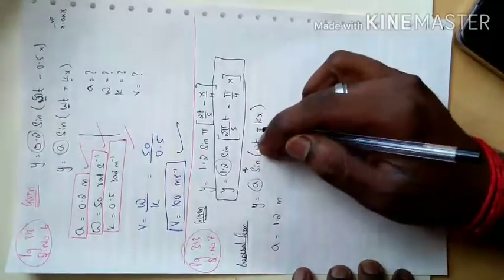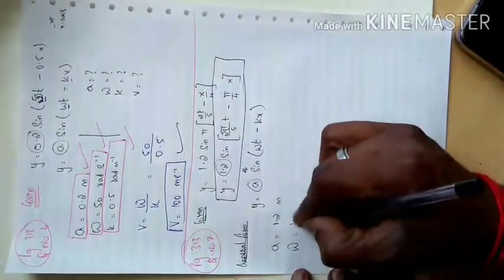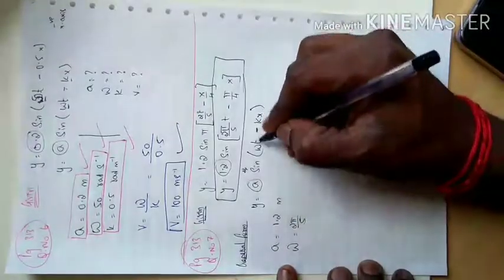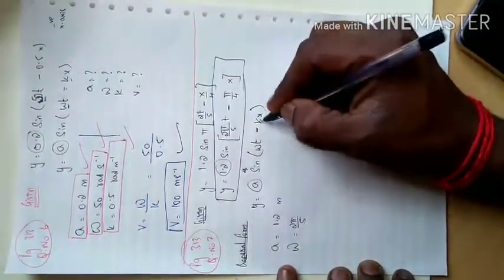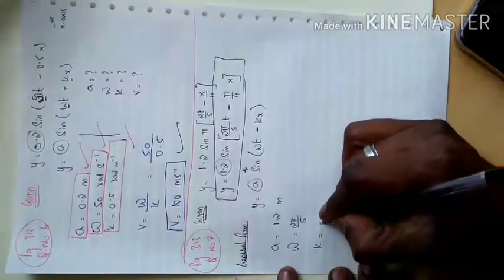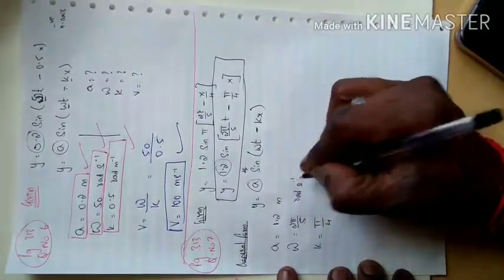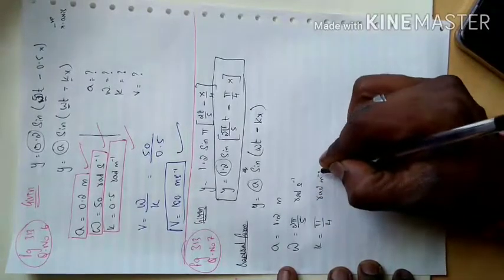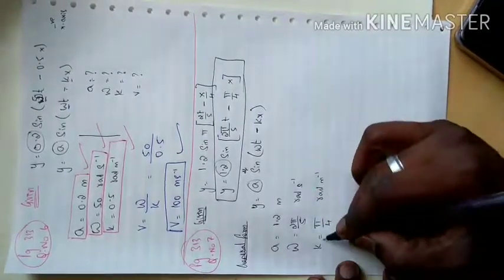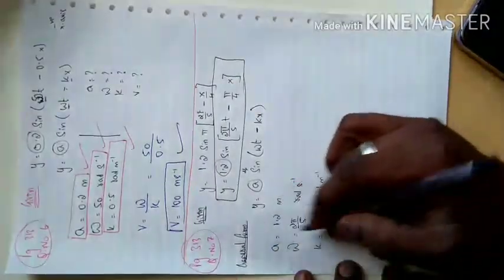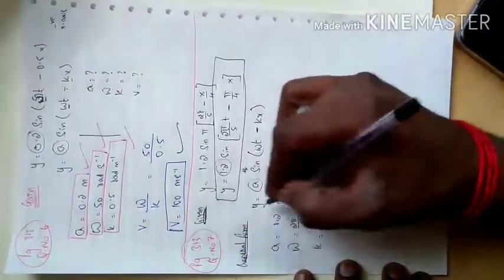In the place of ω, what is left out there? 2π/5. And in the place of k, π/4. This is radian per second, and this is radian per meter. Therefore, k = π/4, x as it is. This is all I got from the given, from the standard form.